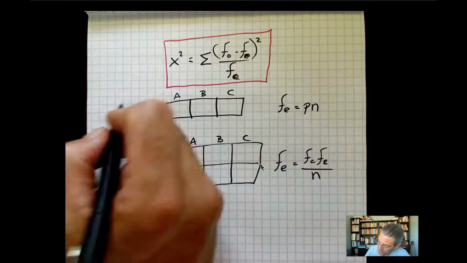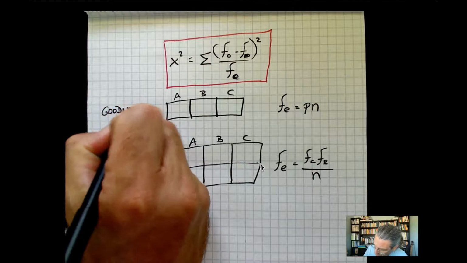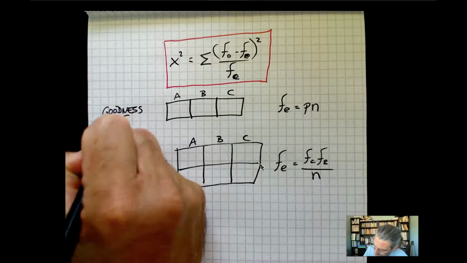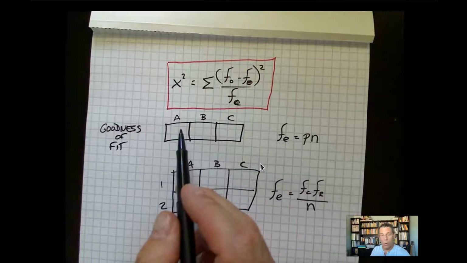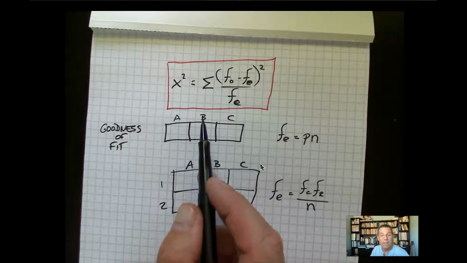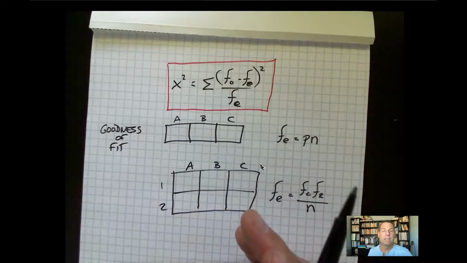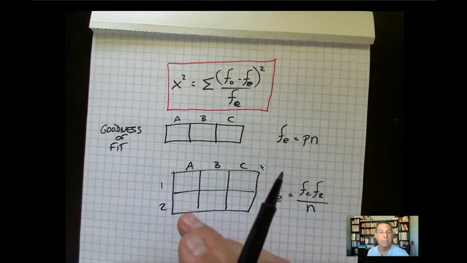So this is a goodness of fit version. To notice that it's a goodness of fit, you only have technically one variable, and that variable has, in this case, three different categories. So we're just going to call them A, B, and C.